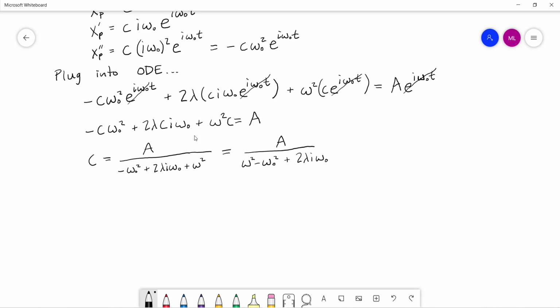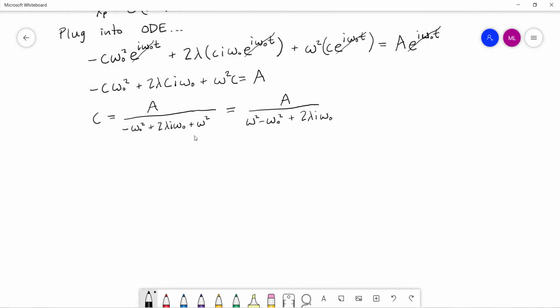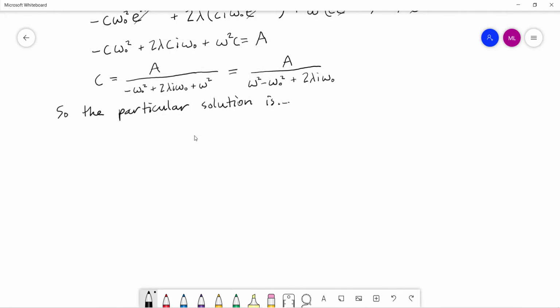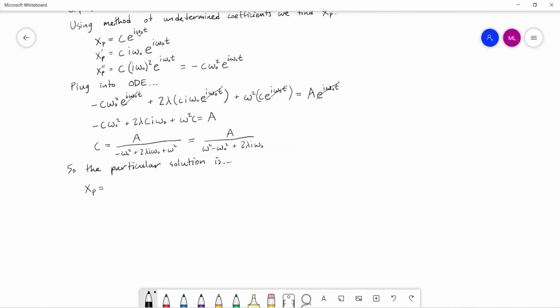Okay. So with all of this said and done, our particular solution is the following. We are going to get that our particular solution, x particular, is equal to c e to the I omega naught t, where this is the c that we've just found.